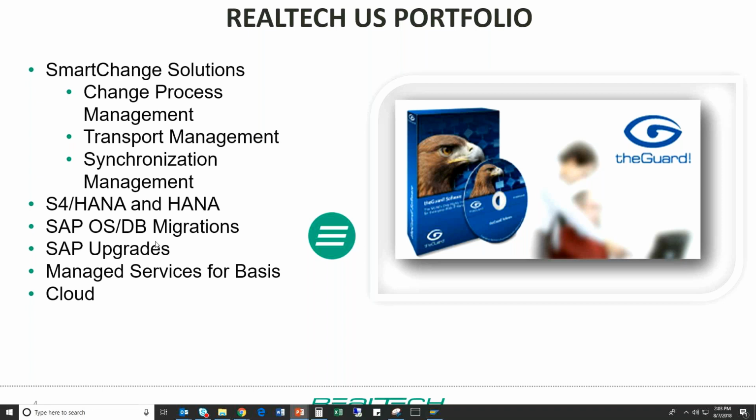Really also focused on helping customers do SAP upgrades or managed services for basis, as well as movements to the cloud. So helping customers move to Azure or AWS or Google Cloud. We're really agnostic. It doesn't matter which cloud you're moving to, we can help you move from an on-premise to a cloud solution.